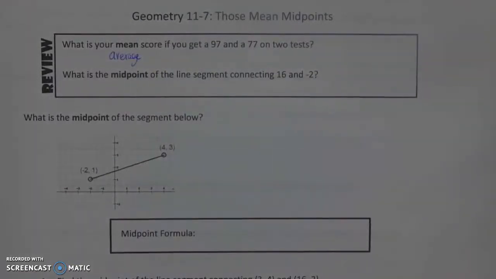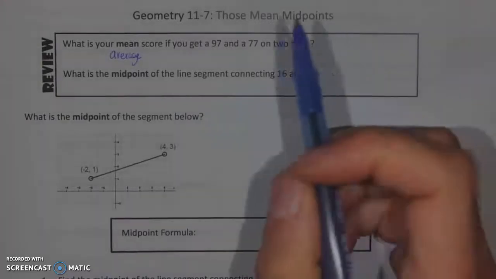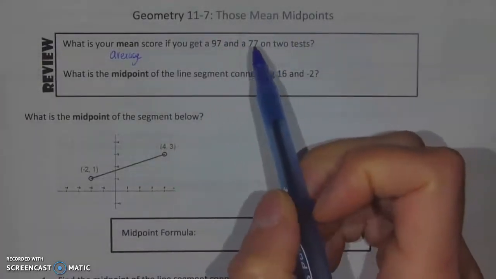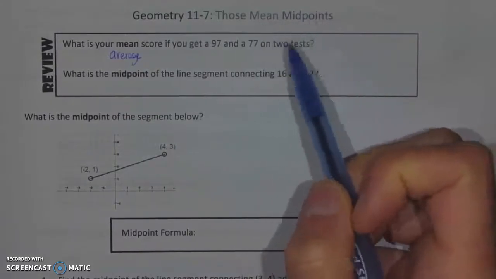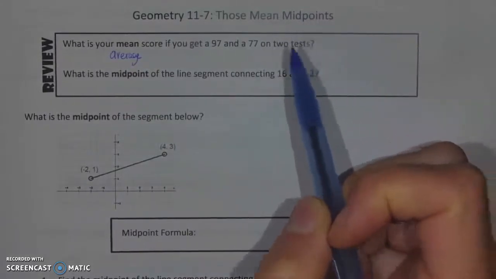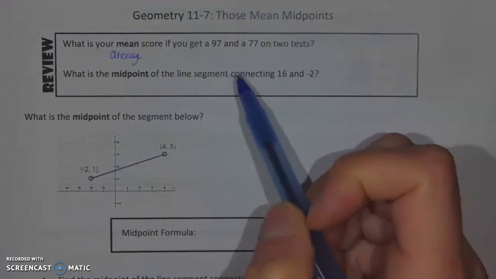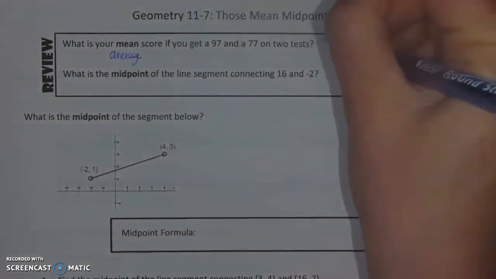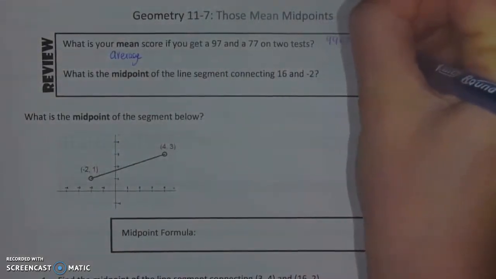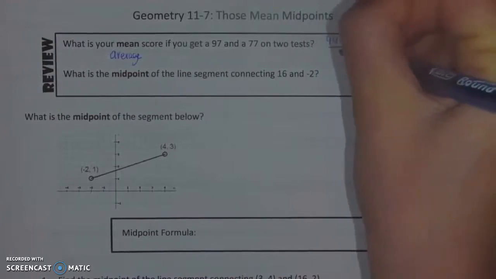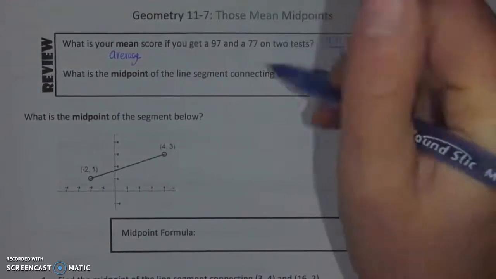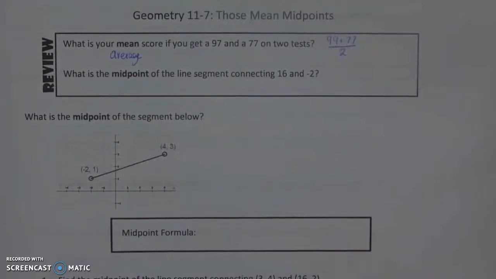So if I'm looking at this first question, it asks me to find the average if I know that you got a 97 and a 77 on two tests. And we're assuming that these tests have the equal weight or points to them. Well, in order to do that, all I need to do is take 97 plus 77 to get my total number of points and divide that by 2 so I'd figure out how that splits to each test.